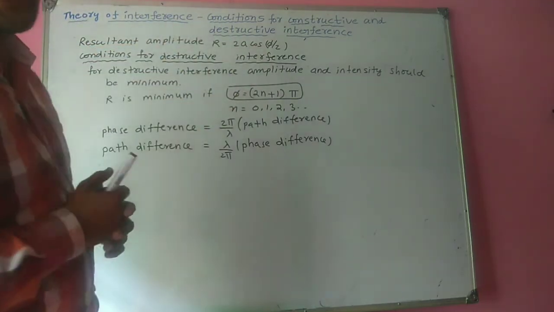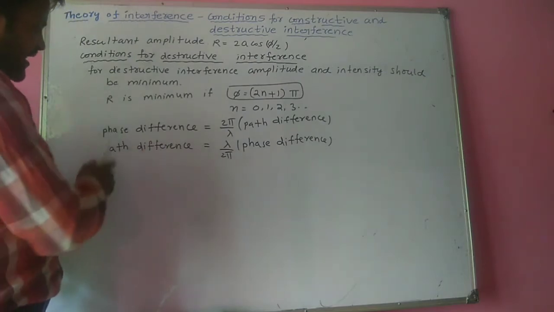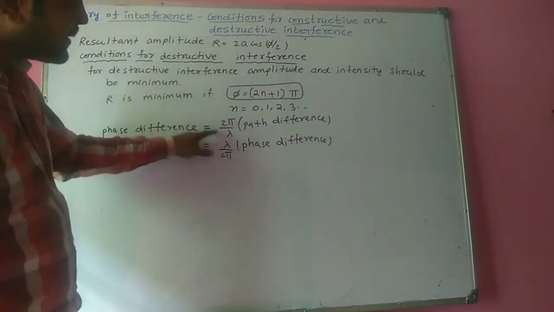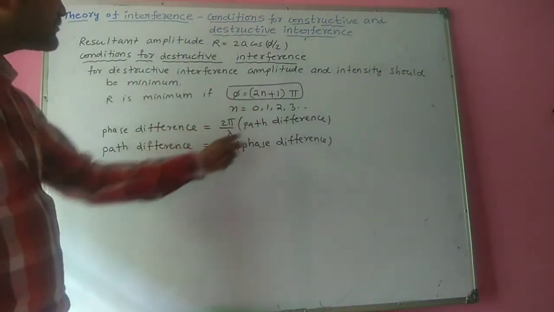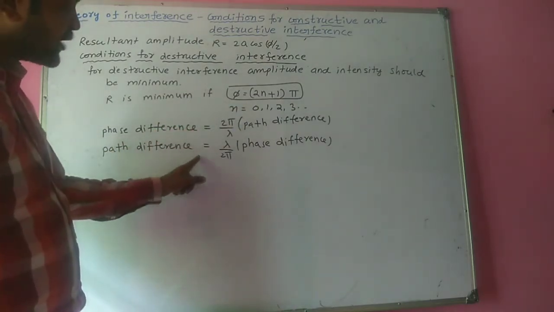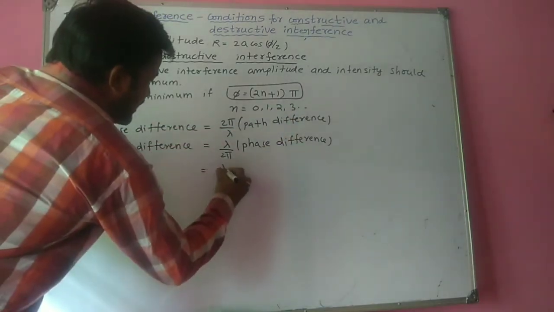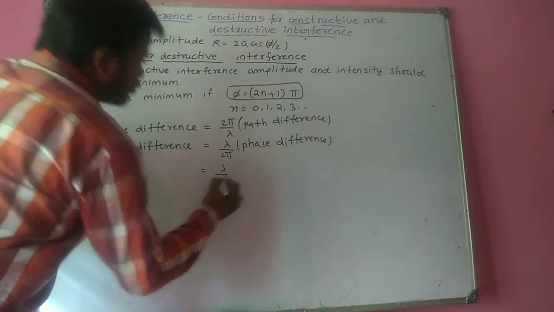Let us find the condition in terms of path difference. We know that phase difference is equal to 2 pi by lambda into path difference. If you write this formula in terms of path difference, path difference is equal to lambda by 2 pi into phase difference.